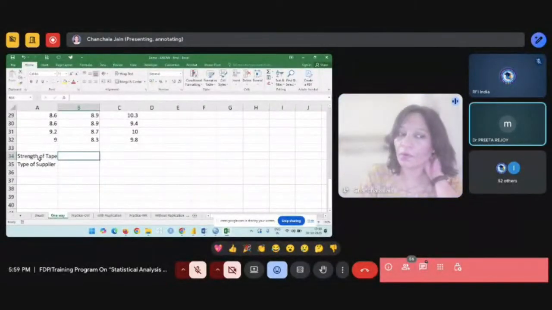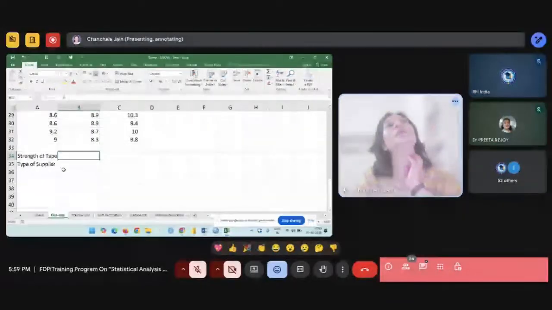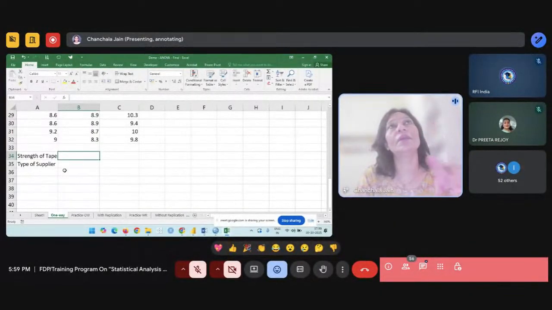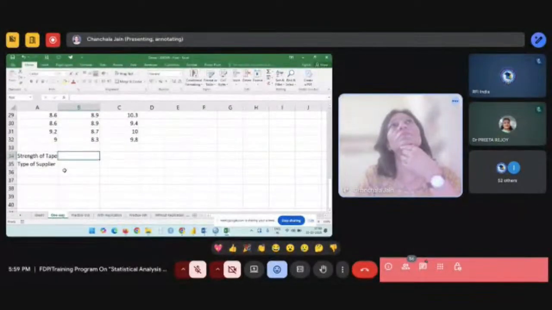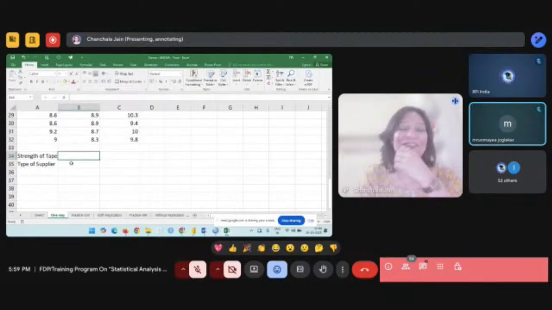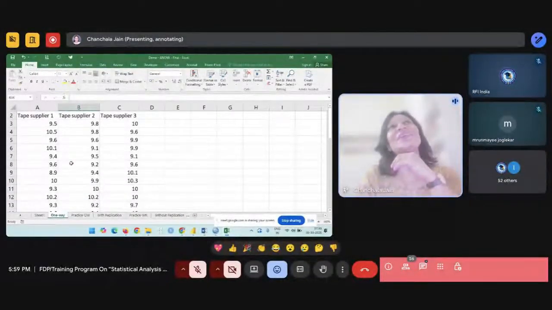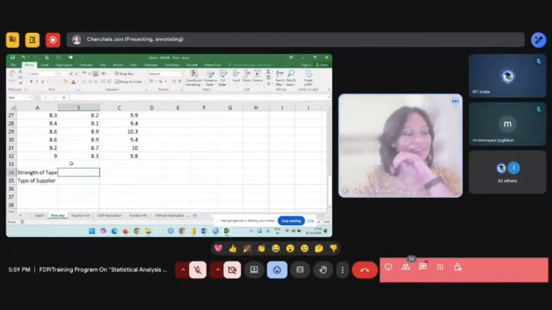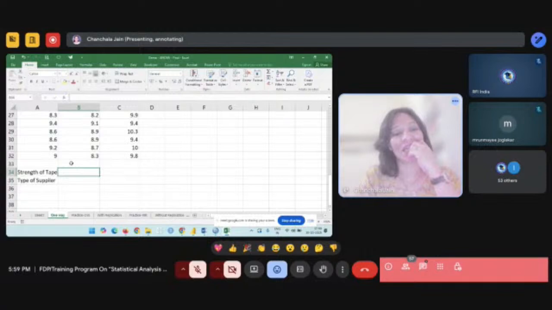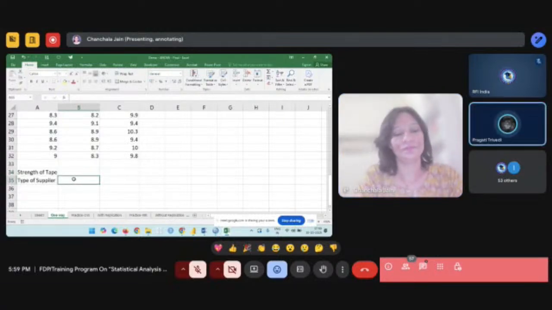What is the type of the strength of tape variable? On what scale have we measured it? It is not written there. Okay, fine, no issues. And what about the second? Ma'am, type of supplier is the categorical variable.